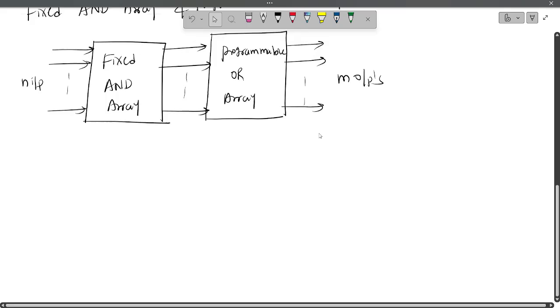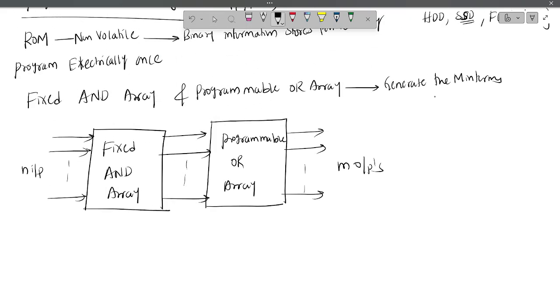What is the fixed AND array you are using? You are using one combinational circuit that you already studied, with which we can generate all the minterms.